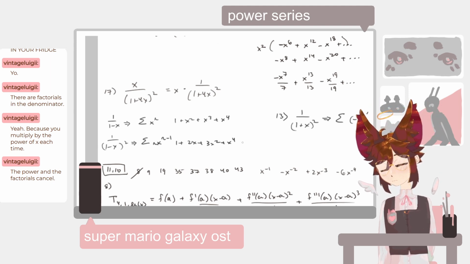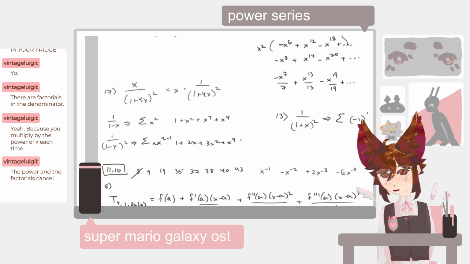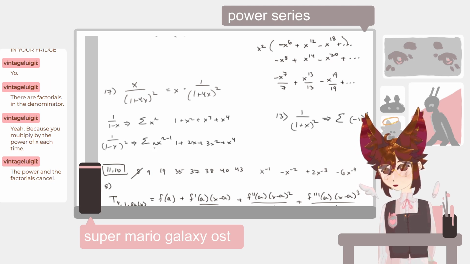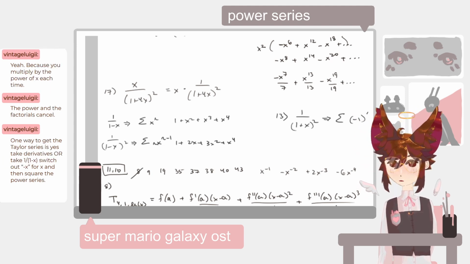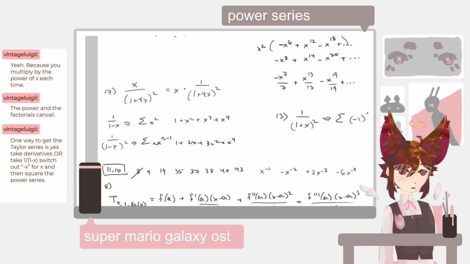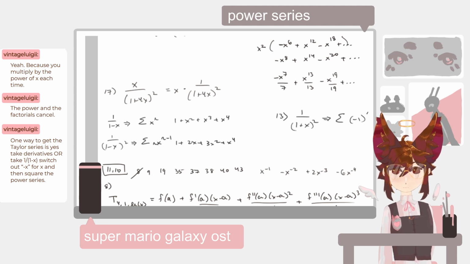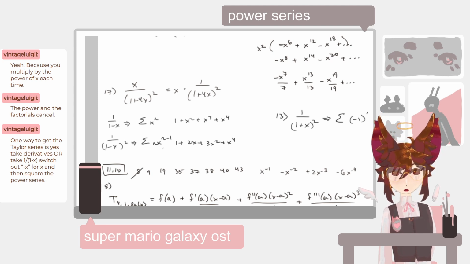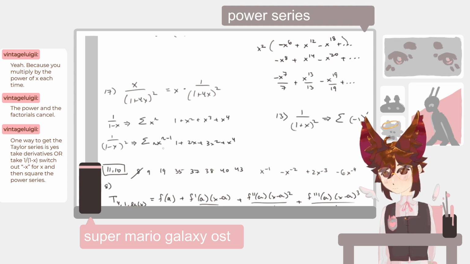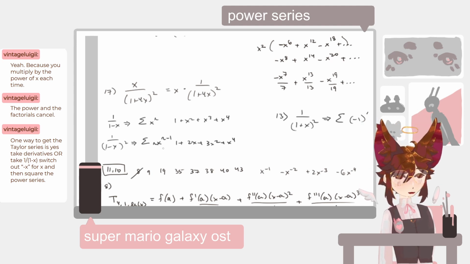But then if I put the 4x in it, why does a factorial come? What is take the derivative or take 1 over... I can just square it? Wait, what? You can just square it?